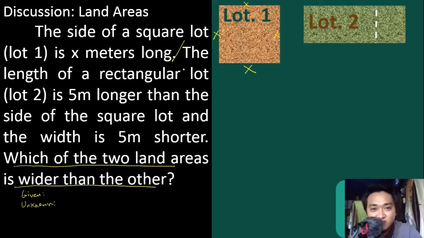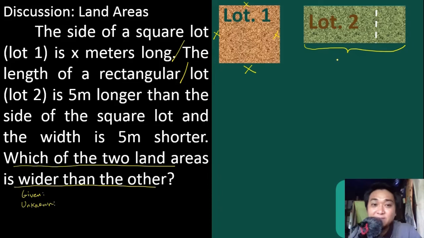The length of the rectangular lot, i-chop nyo uli yan. Yung kanya daw haba, pinag-usapan dito yung haba ni lot 2 or yung haba ng rectangular lot. The length of the rectangular lot is 5 meters longer than the side of the square lot. So, how are we going to express that?